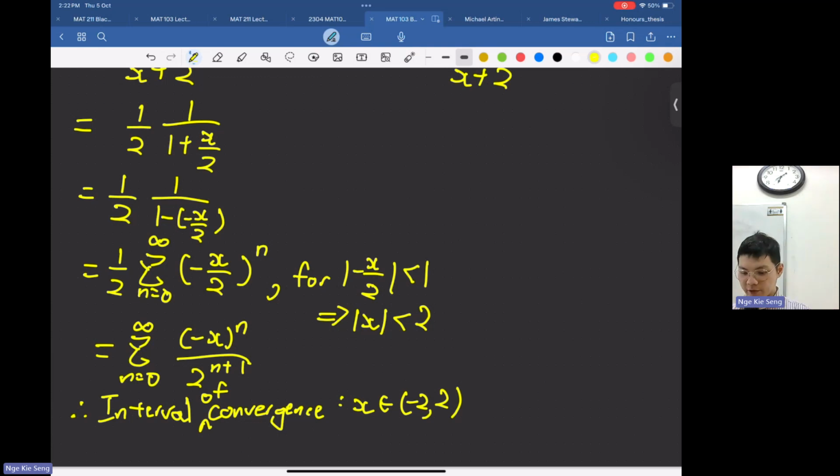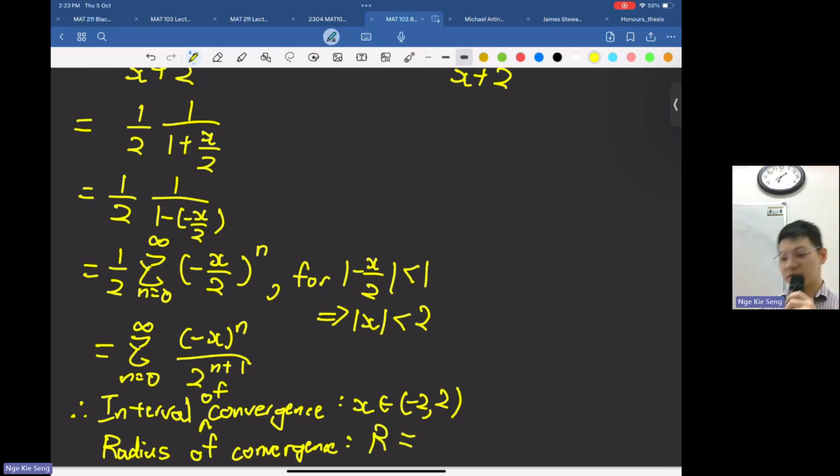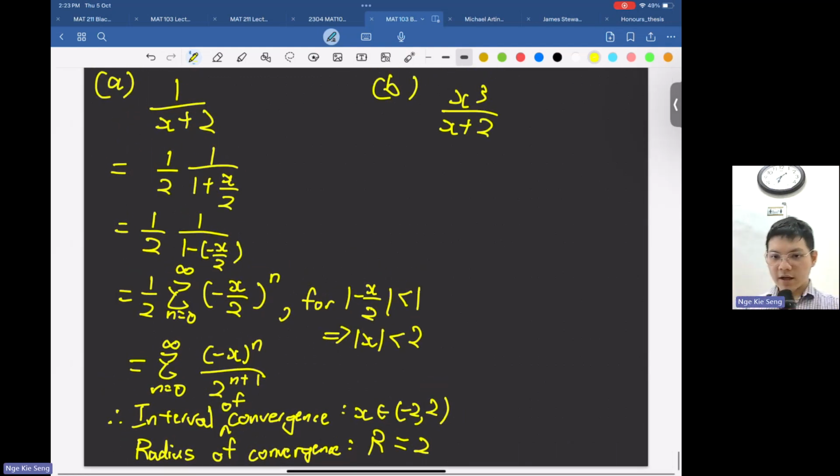Maybe I'll test Xiaotong again. What's the radius of convergence in this case? 2. Okay, so the radius of convergence is 2. Good.